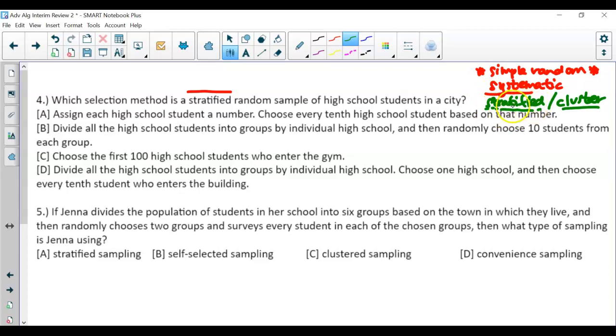So you're taking from each of the grades, the groups, versus only asking one group, but every person in the group. Remember those differences. If we're looking for stratified, you're dividing into the groups and then choosing from each of the groups. Here, assign each high school student, choose every 10th high school student. That is your systematic. Divide the high school students into groups and then randomly choose 10 students from each group. That is why this was your stratified.